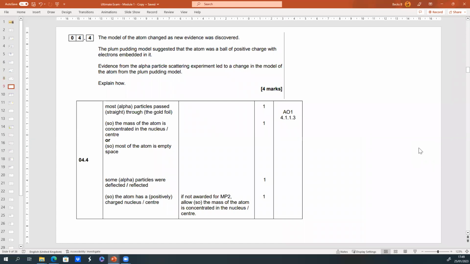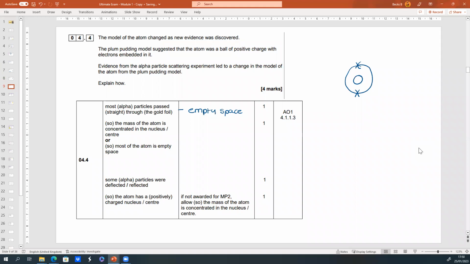So we're leading from it then. Most of the alpha particles passed straight through. This is how we came to think about the empty space, because we know that we've got our nucleus, so our protons and neutrons are centered in there, and then our electrons are within those shells.